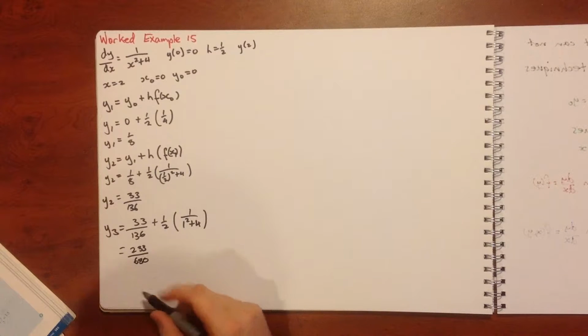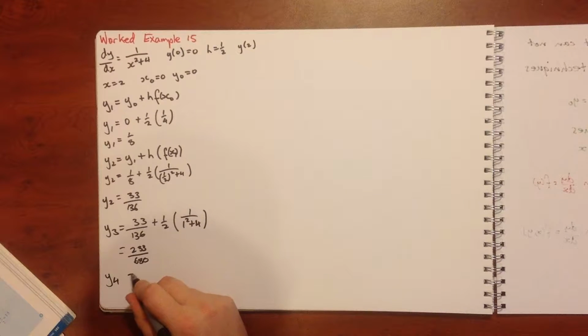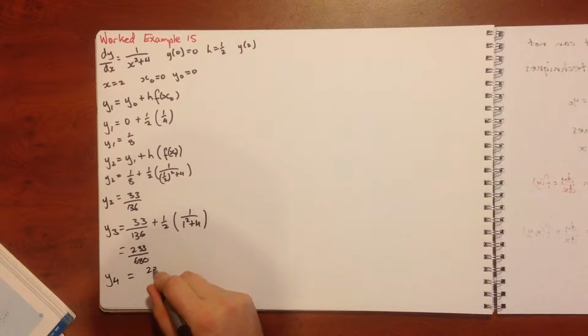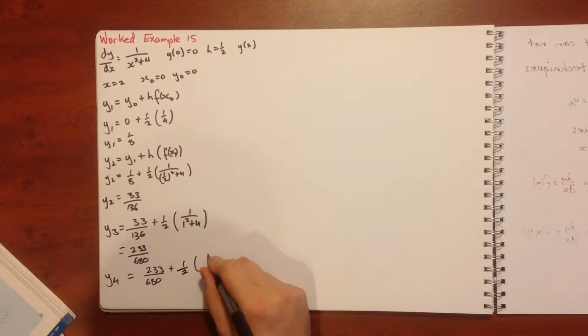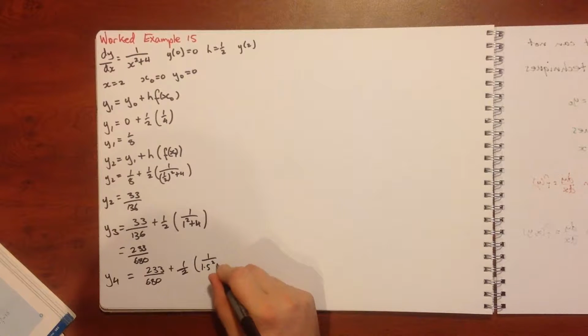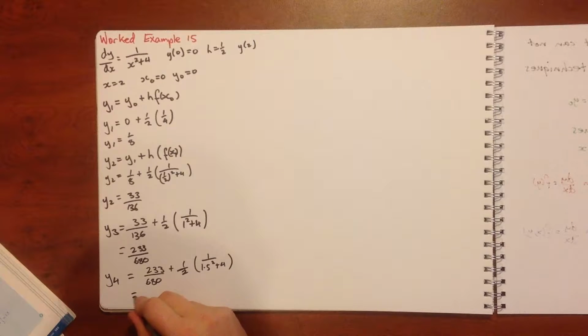Then we'll keep going. That's our y3, so our y4 is going to equal 233 on 680 plus a half times 1 over 1.5 squared plus 4. It's going to give us 1,437 over 3,400.